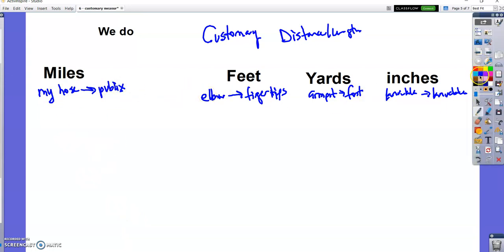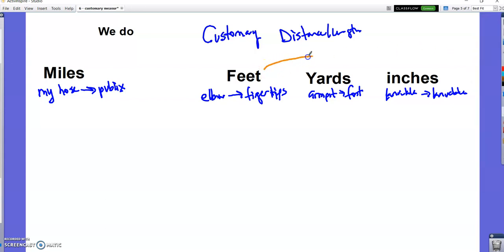The other thing you need to know is how many make what. Like feet to inches, there are 12 inches in a foot. There are 3 feet in a yard. And there are 5,280 feet in a mile. That one's really hard to remember.